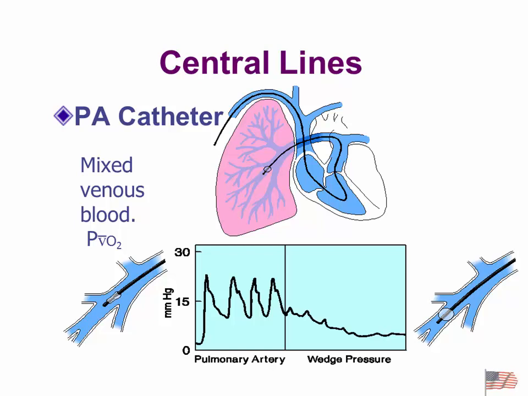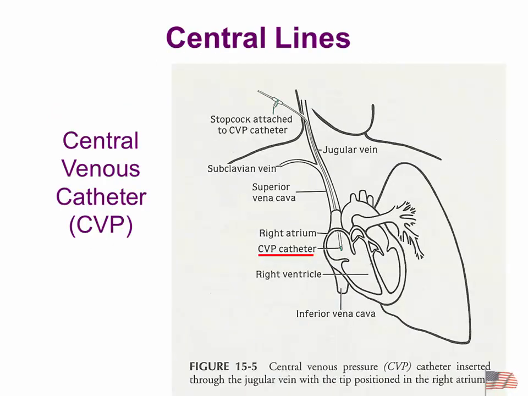The only place blood has been allowed to mix sufficiently is in the pulmonary artery. So if I can do a distal sample, I can end up getting true mixed venous blood. And a central line will also allow us to sample off the CVP catheter. It's a poor man's mixed venous. It's not really mixed venous, but it's something at least. It hasn't been there long enough to mix.